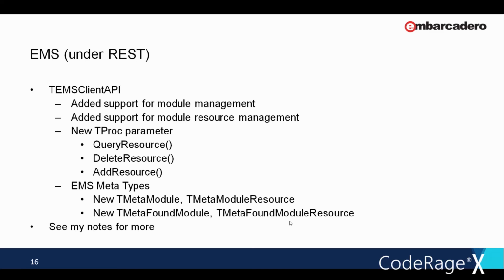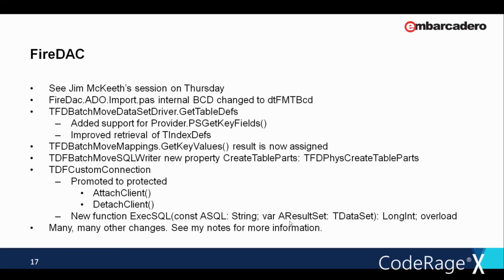A new TProc parameter has been added to QueryResource, DeleteResource, and AddResource to support customized handling of the conclusion of those calls. And new EMS meta types for MetaModule, MetaModuleResource, and FoundModule and FoundResource. And there's more, so see my notes for more under what's changed in EMS.